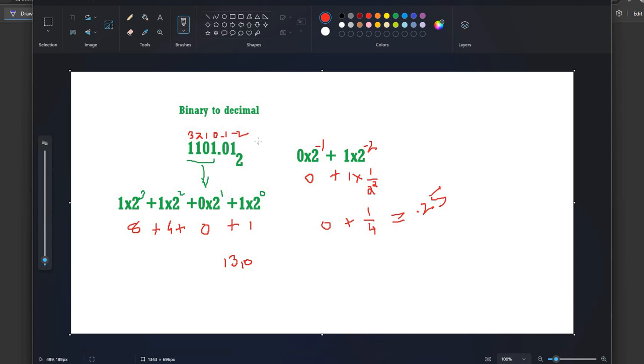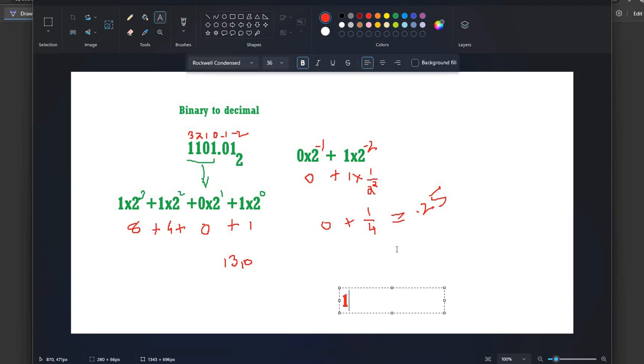So this answer will be the answer of this: 1101.01 equals, what will be the answer? From the first part we got 13, right? 13.25.